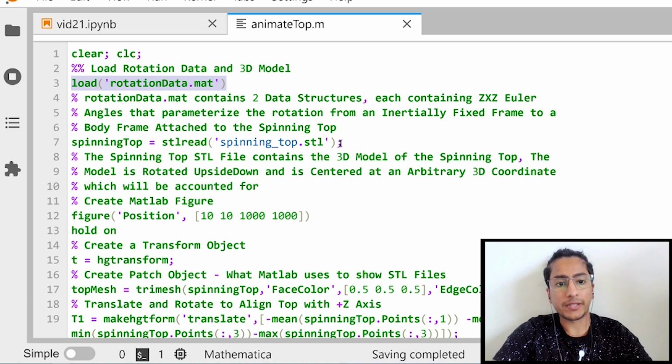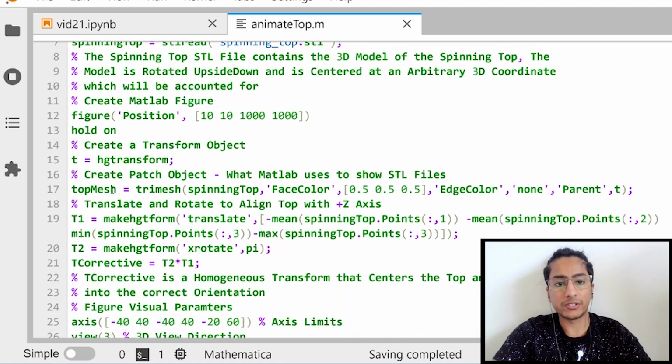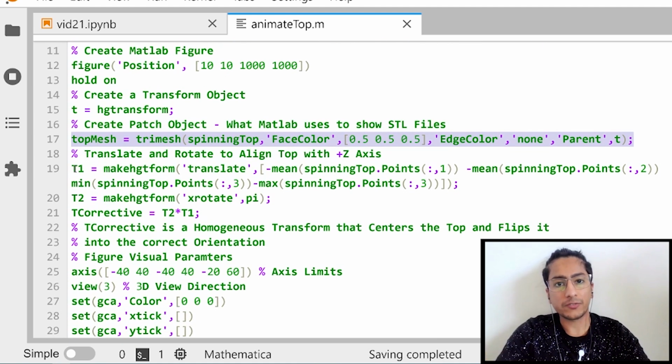After that, we can add the 3D model to a Matlab figure and color it however we want. In this case, I set it with RGB values of 0.5, so that would be gray, because we were going for that Inception spinning top shiny vibe. Then we're using something called homogeneous transforms, which are basically beefed up versions of rotation matrices.